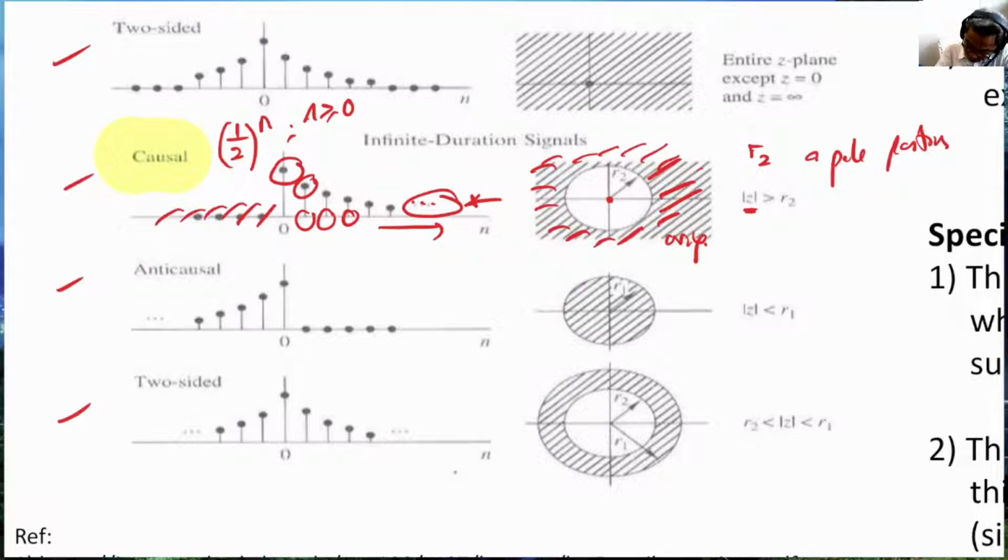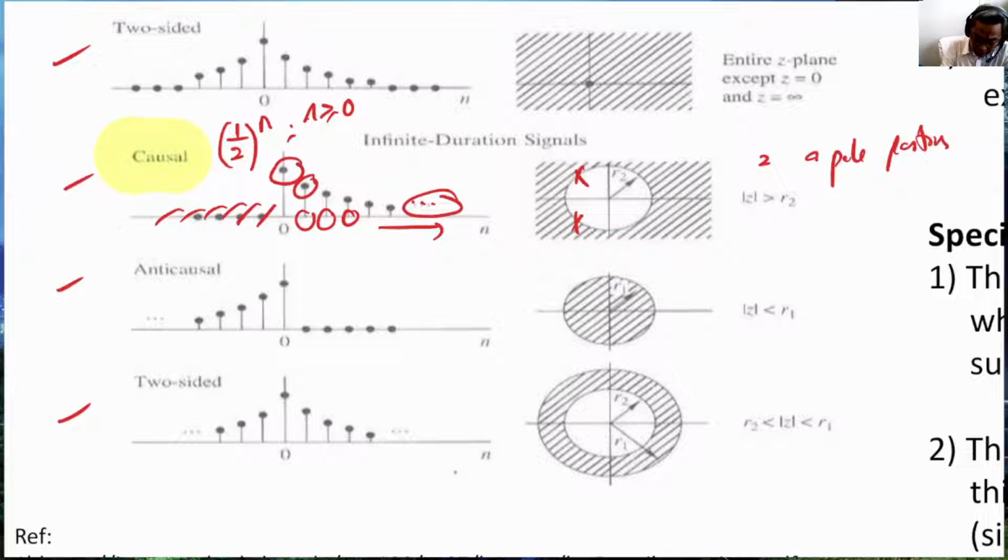So for example, the pole could be here, could be here, could even be in the complex plane. But what you will see is that the pole will mark the radius where we can draw a circle, and only where z is outside this radius will the series converge. In the next question, we'll ask you why the region of convergence is external to the pole.